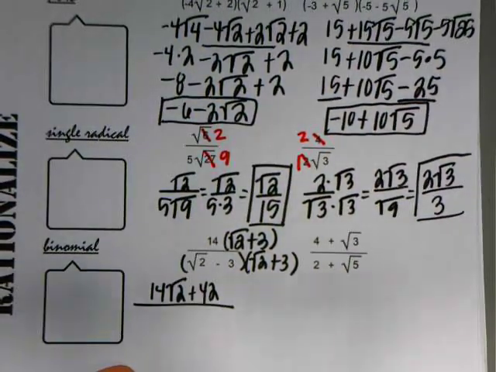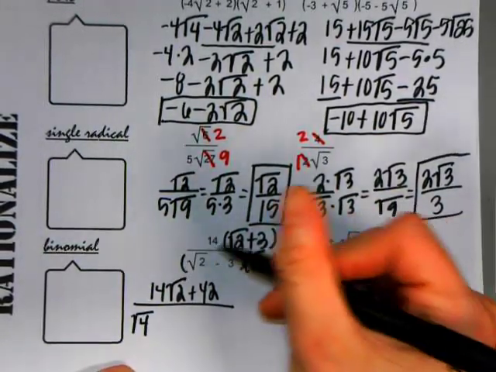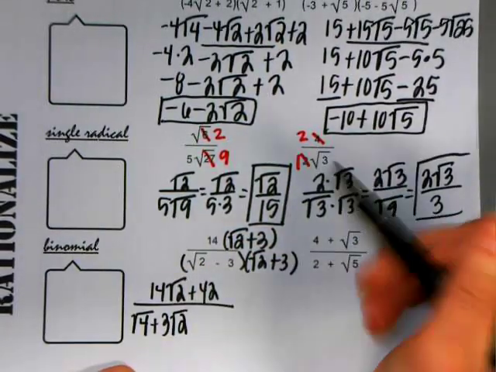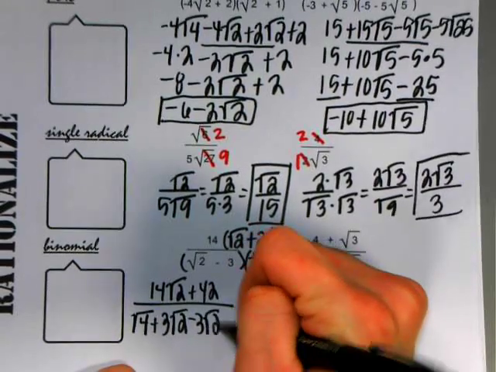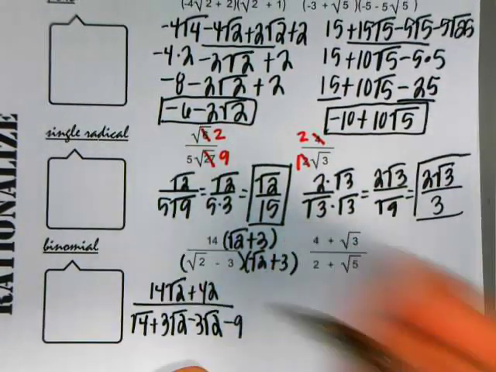Okay, bottom, FOIL. Radical 2 times radical 2 is radical 4. Radical 2 times 3 is 3 radical 2. Negative 3 times radical 2 is negative 3 radical 2. Negative 3 times positive 3 is negative 9.